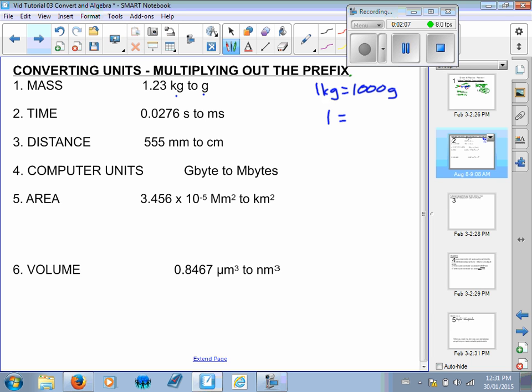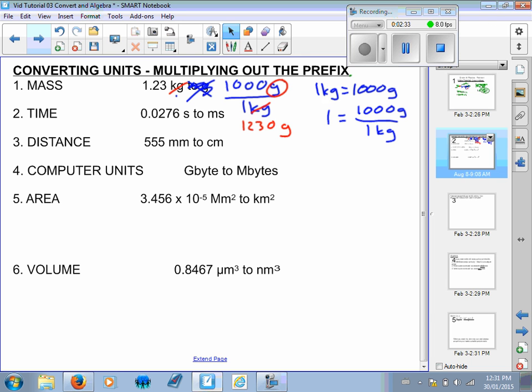So we get 1 equals 1,000 grams over 1 kilogram. Now, if we multiply this original equation, let's make that a times there instead, by that conversion, which is equal to 1, it doesn't change anything. We've got kilograms divided by kilograms, we're left with grams, and we get 1230 grams.